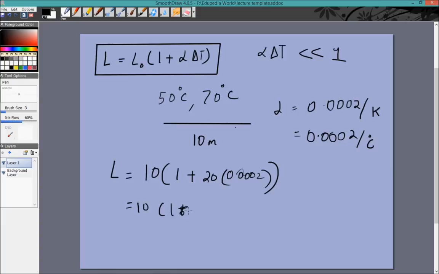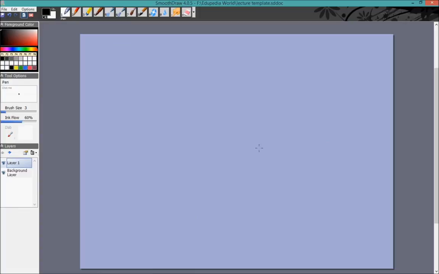So 1.004, which is 10.04. So we see that the length will only be increased by 4 centimeter, quite a small amount. So this is the standard formula with which you will be able to solve the simple questions. Now let's move on to slightly complicated questions.